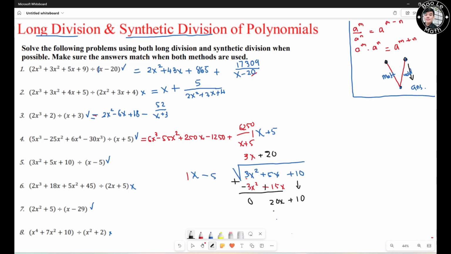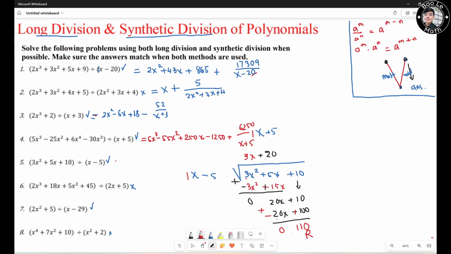Alright, so 20, multiply this back, so 20s. 20 times negative 5 is going to be negative 100. Change the sign, negative plus, add them up. This 0, this guy 110, and this 0 remainder.